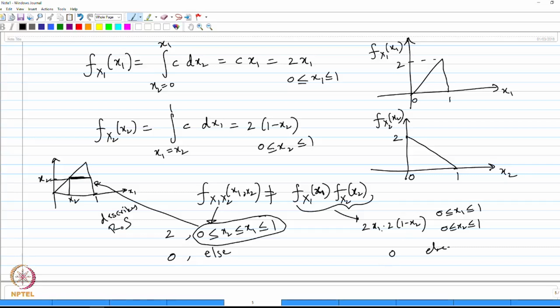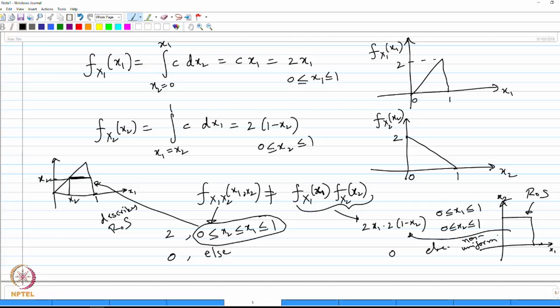What will be the region of support for the right hand side? It will actually be a square, and it will be non-uniform in that region of support. It will take some two-dimensional function.